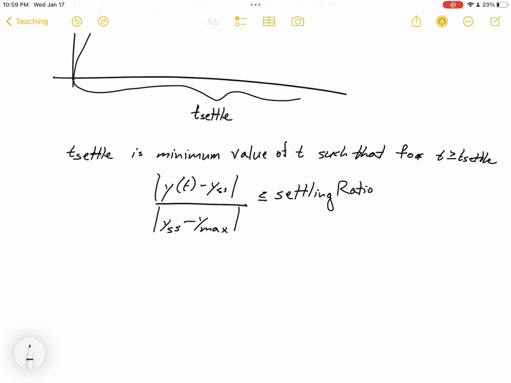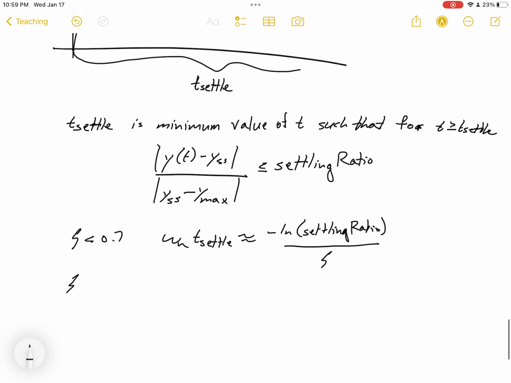So there's a few equations. For zeta less than 0.7, settling time shows up as omega n times t settle is approximately equal to minus the natural log of the settling ratio divided by zeta.